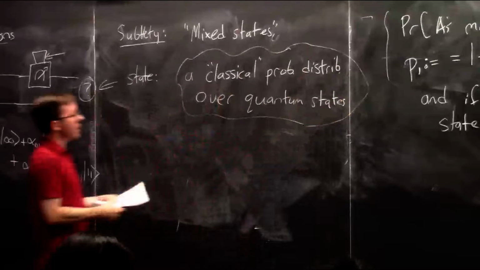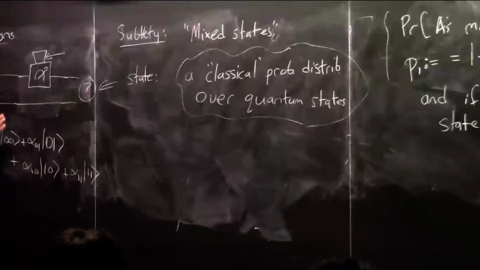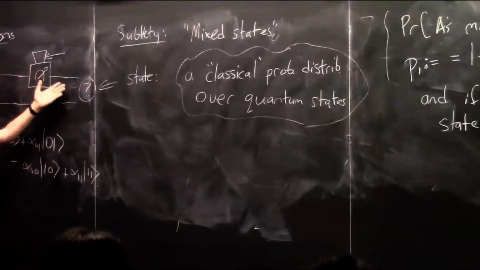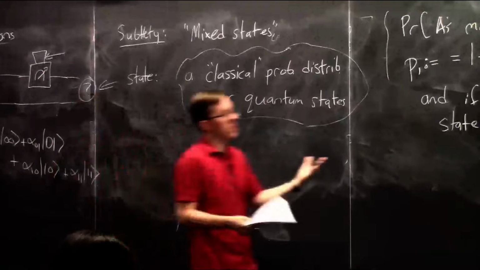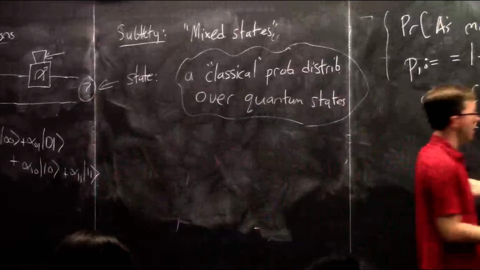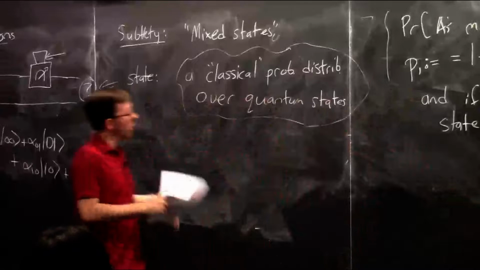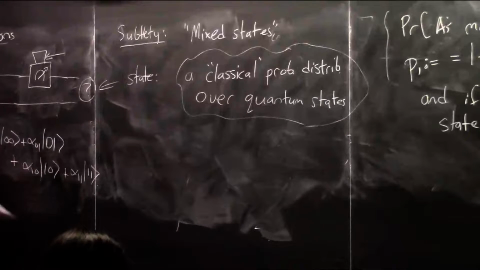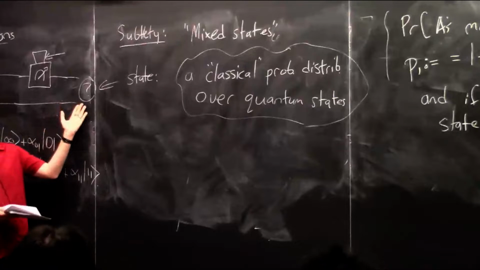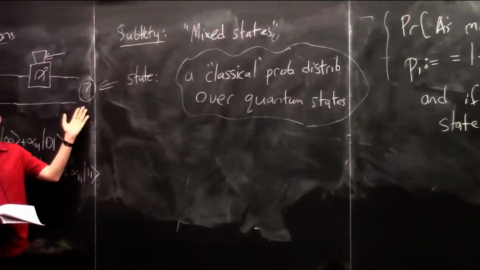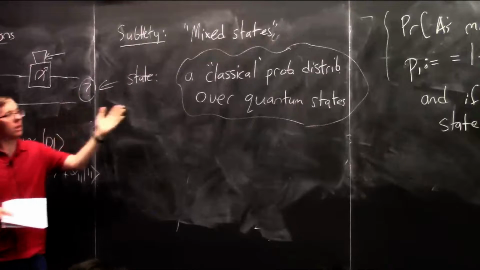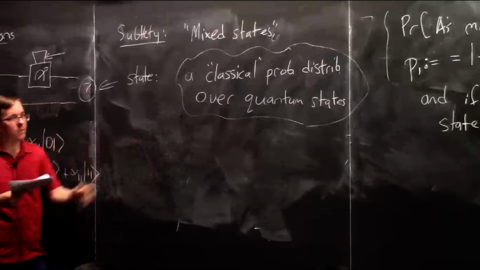Now, actually, if you physically do this experiment, then one of two things will happen. Like 50% of the time, it'll read out 1, and then you can just say, yeah, the state of the particles at that time is this, the end. But if you say, well, I haven't done the experiment yet, but I'm going to mathematically model this, what is the correct way to model what's going on here? The correct way is to have a probability distribution over quantum states.